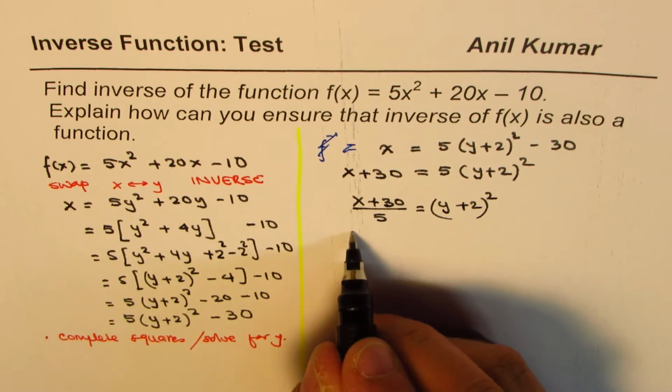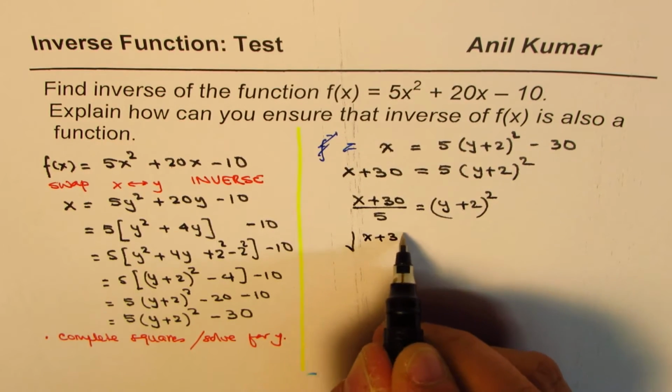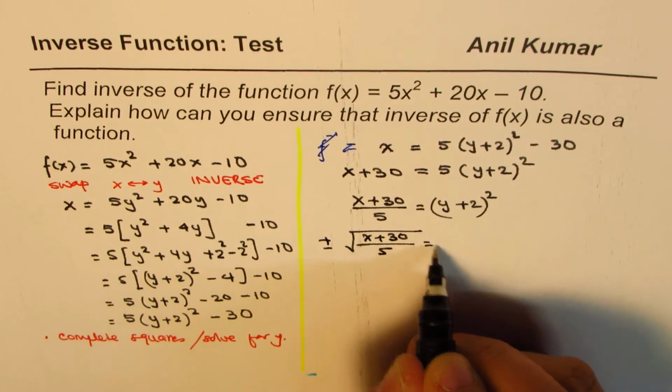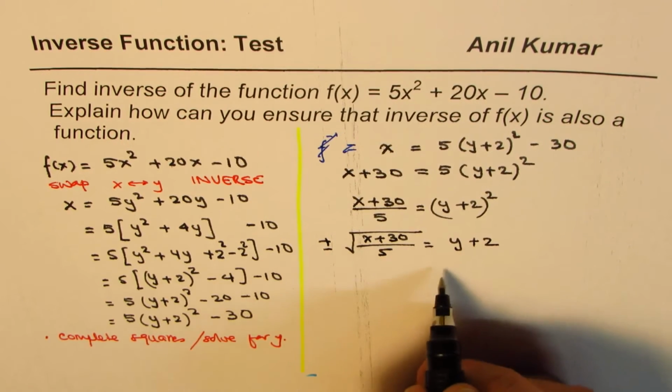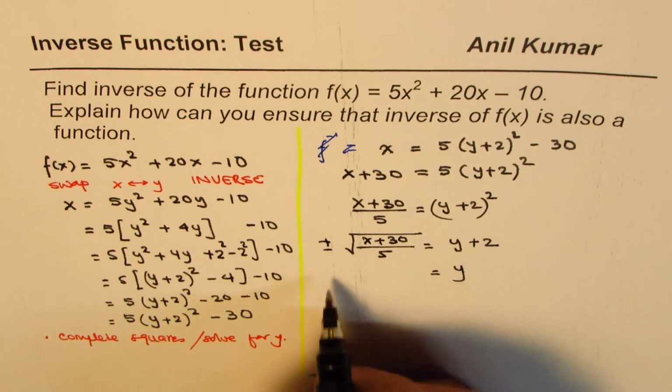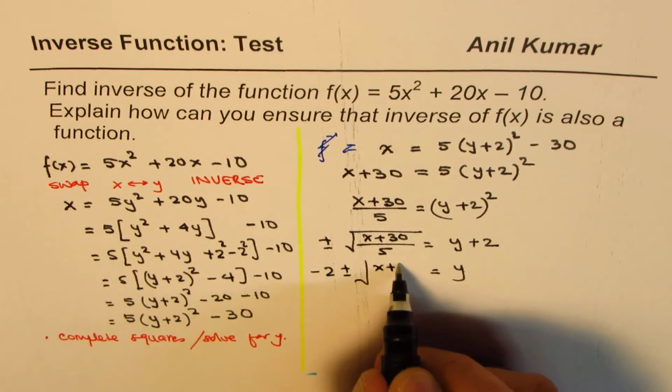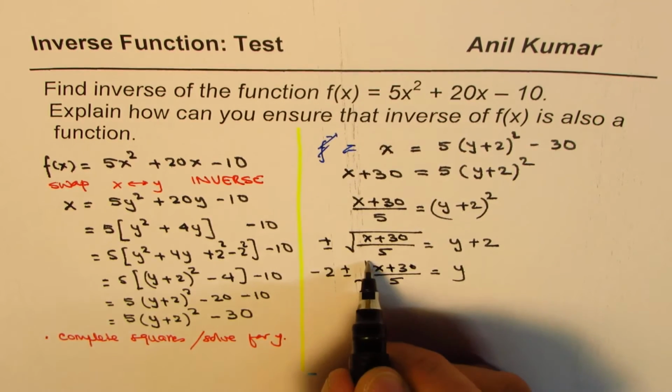Now we'll take the square root, right? So when you take the square root, you have to do plus and minus, right? So you get plus and minus here, and you get y plus 2. And now you can say y equals, bring 2 here, minus 2 plus or minus the square root of x plus 30 over 5. Do you see that?